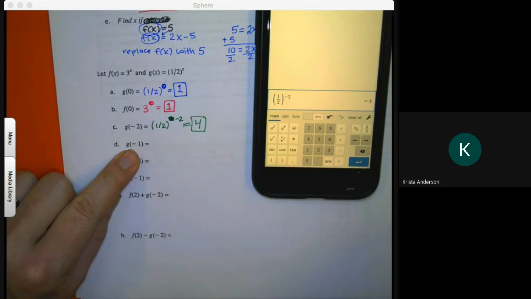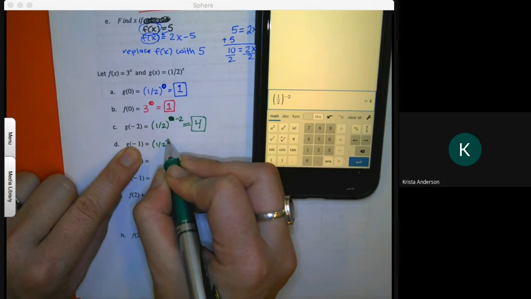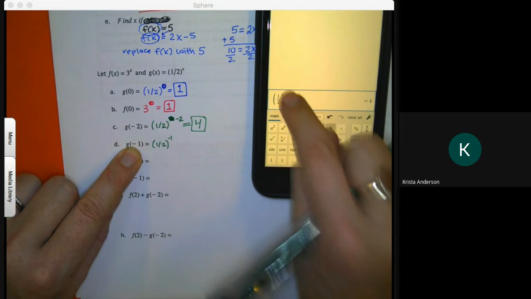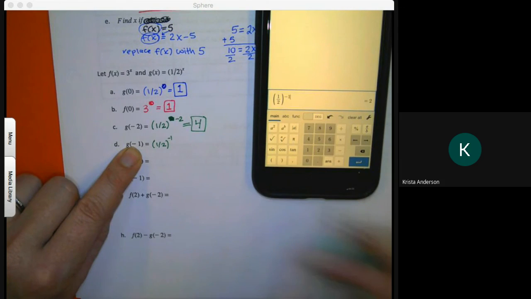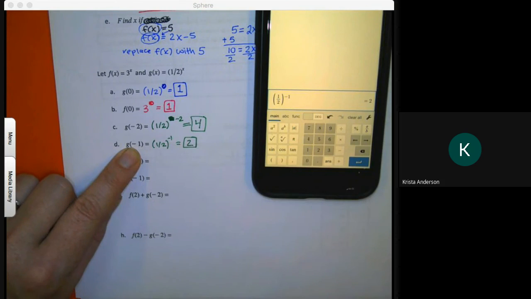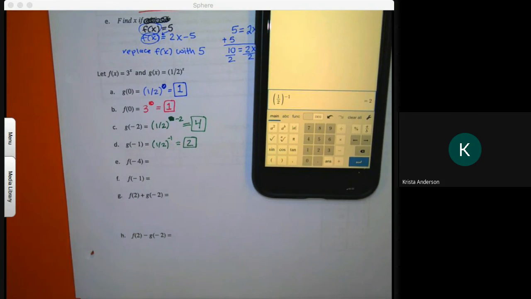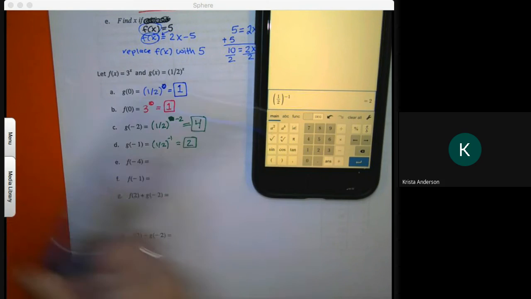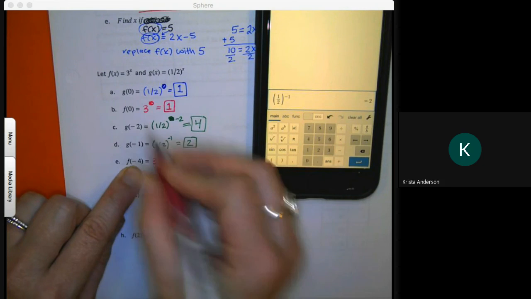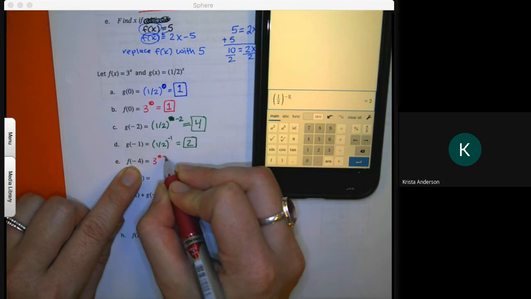This g wants me to raise it to the power of -1, so I'm just going to delete and make that -2 a -1. For f, I have 3 to the power of x. I'm going to replace the x with a -4.